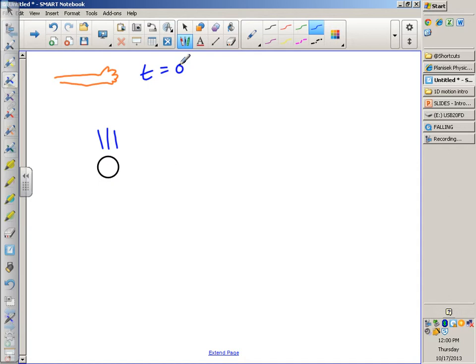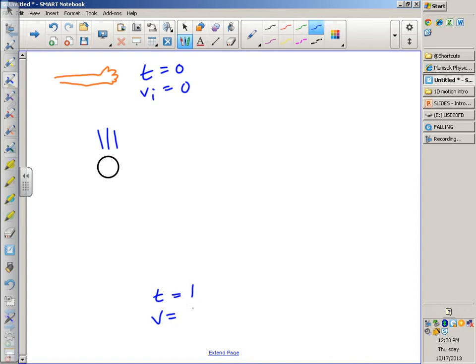So Cal, if we say that it's at rest, what can that tell us variable-wise? Velocity is zero. Okay, that's what I wanted you to say, but I asked a bad question. All right, so I let this object fall for 1 second. How fast is it going now?